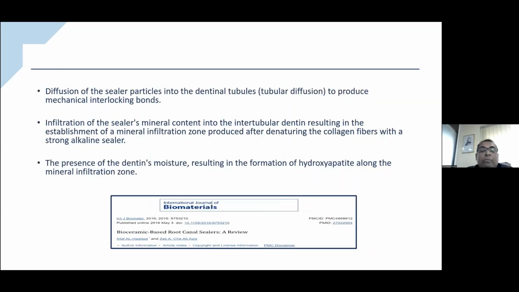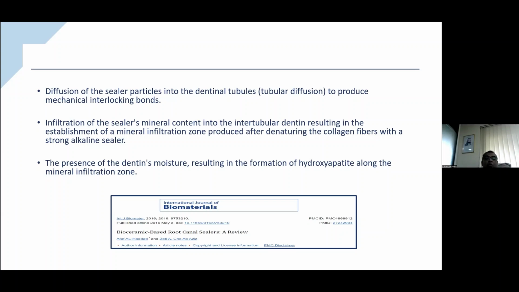So at a microscopic level, the diffusion of sealer particles takes place into the dentinal tubule, producing a mechanical interlocking bond. Second, infiltration of sealer mineral content into the intertubular dentine results in a zone known as the mineral infiltration zone, produced after denaturing of collagen fibers due to the strongly alkaline sealers.